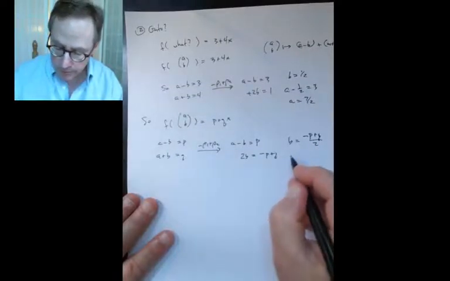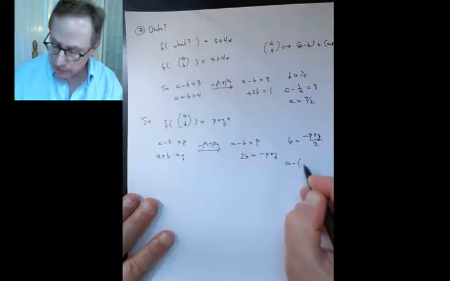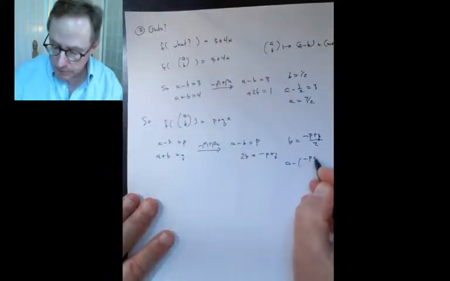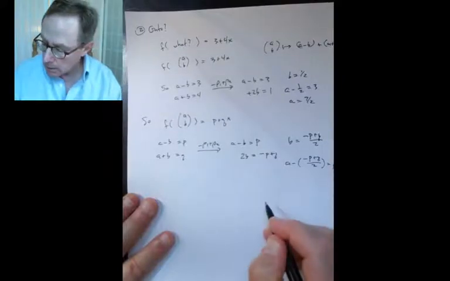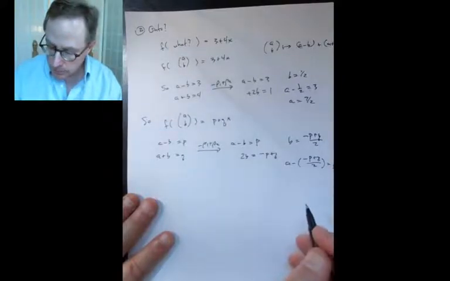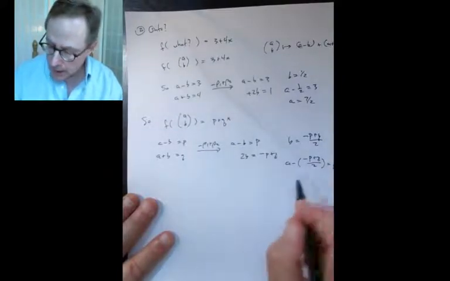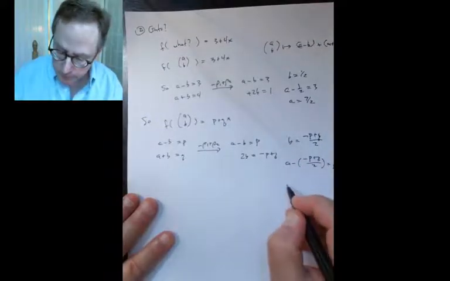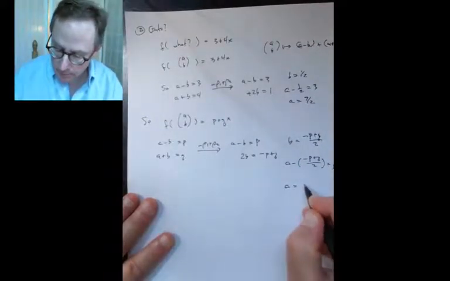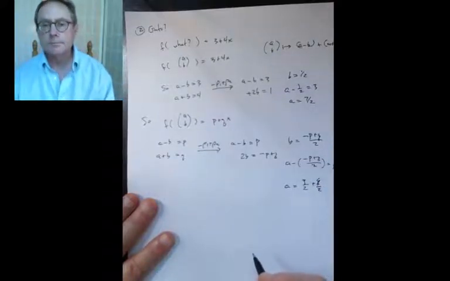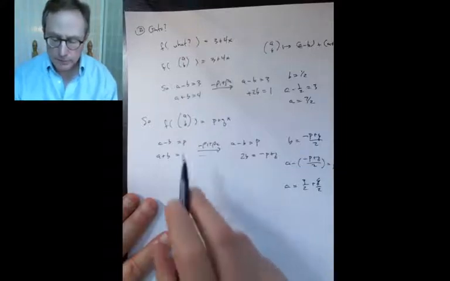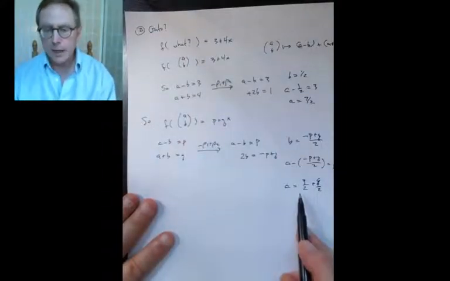And from that I get a minus p plus q over 2 equals p. And so what a is, change the sign, a is p over 2 plus q over 2. Okay, so given a p and a q, I can tell you what a and b are.